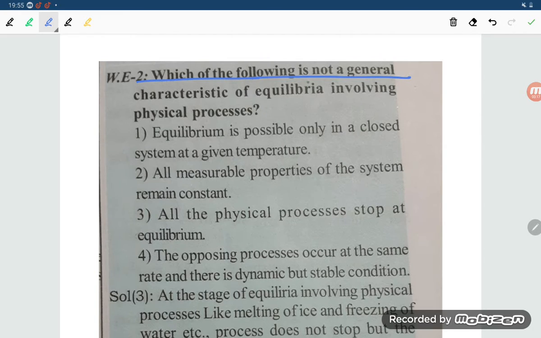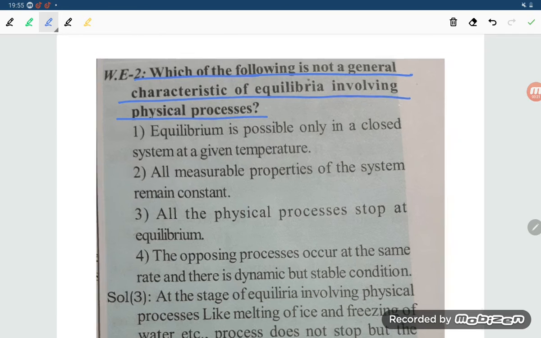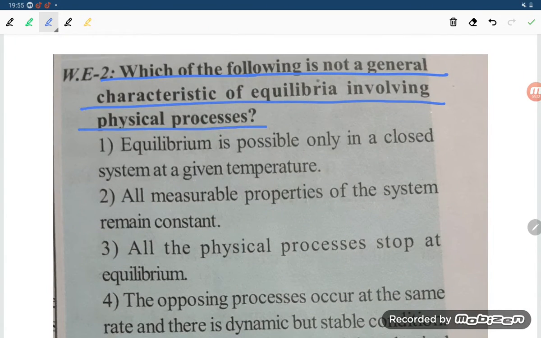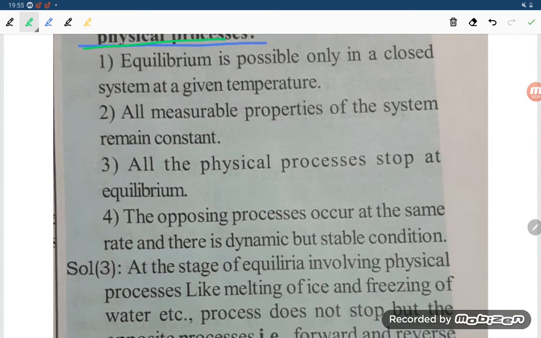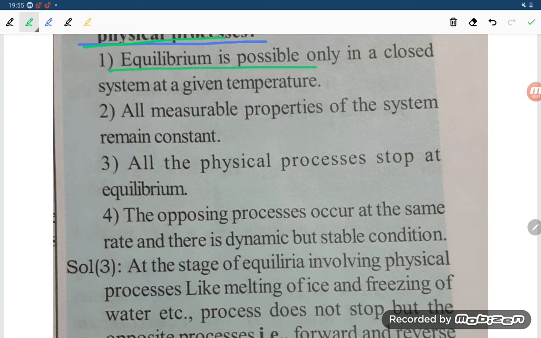Let us have a look at the second question. Which of the following is not a general characteristic of equilibria involving physical process? First option, equilibrium is possible only in a closed system at a given temperature.